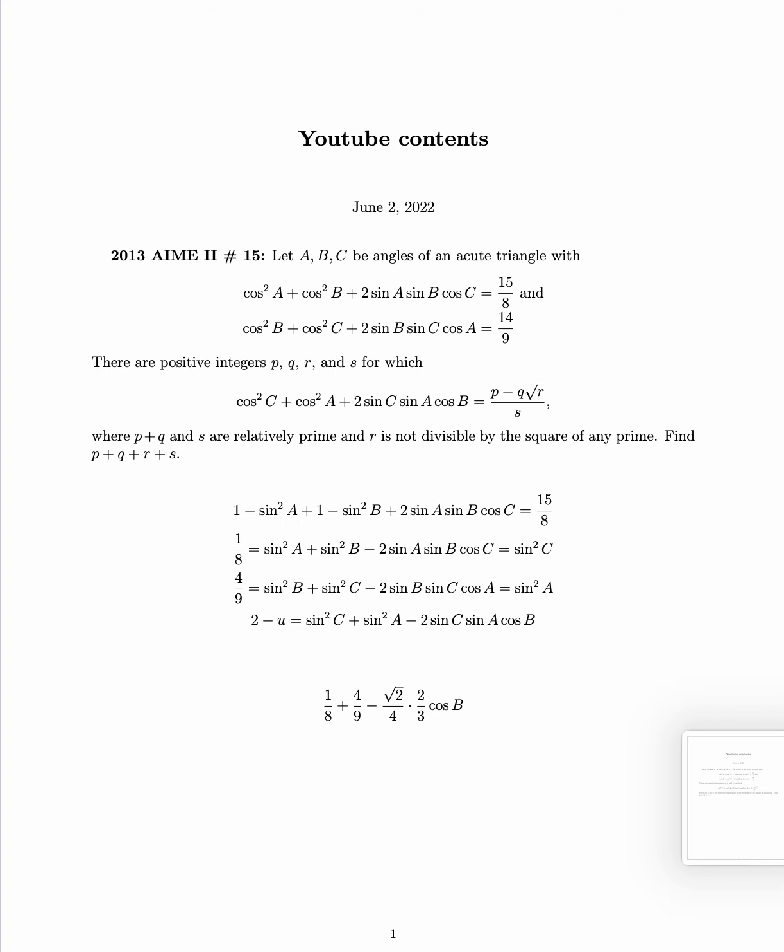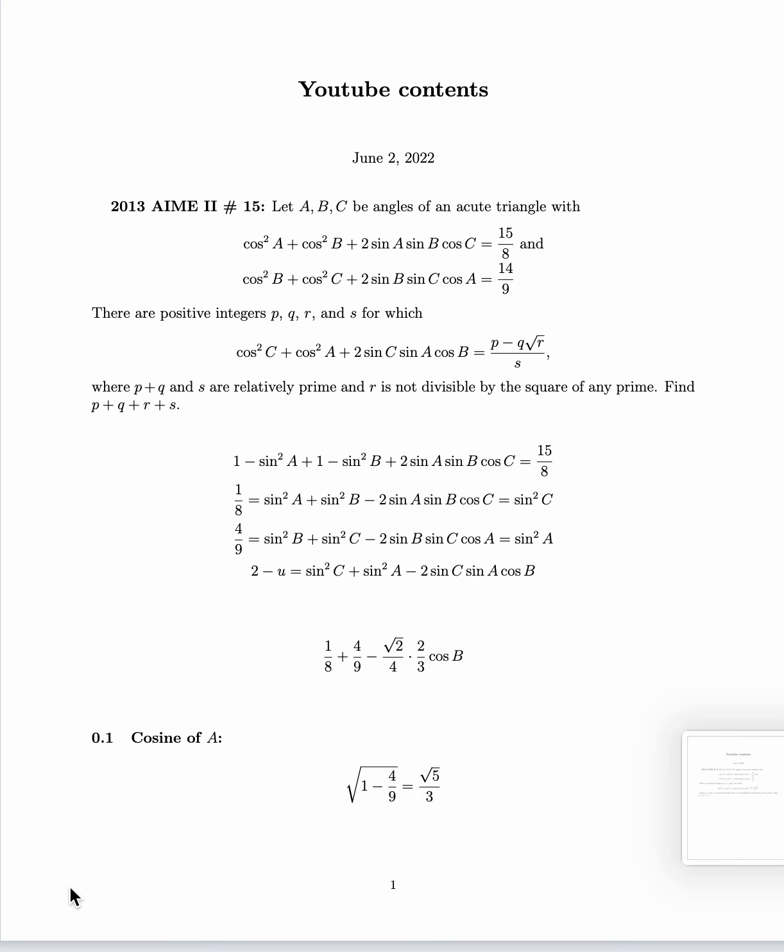Since the triangle is acute, we have the square root of 1 minus 4 over 9, which gives us square root of 5 over 3. So we have the cosine value of a, and then we can actually just solve for the sine value of b.